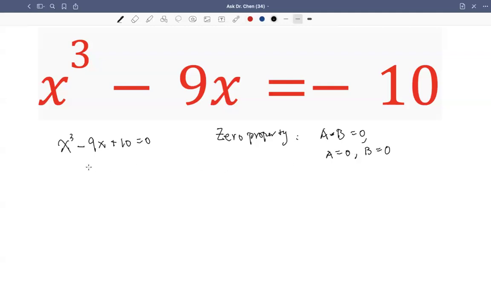Okay. So now we have the cubic term, x cubed. Then we have this -9x. Maybe we can make a difference of two cubes.